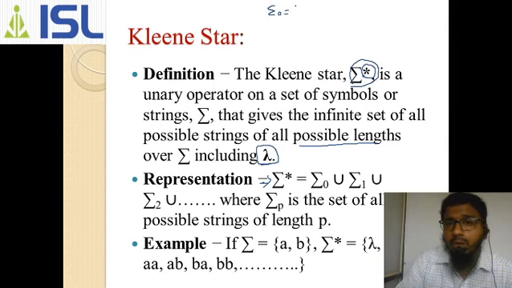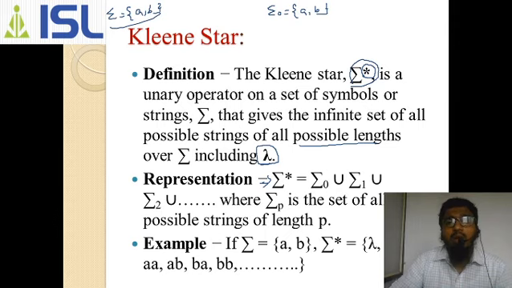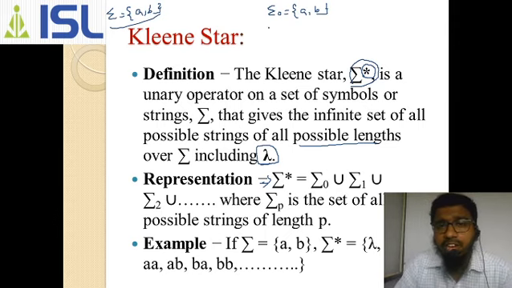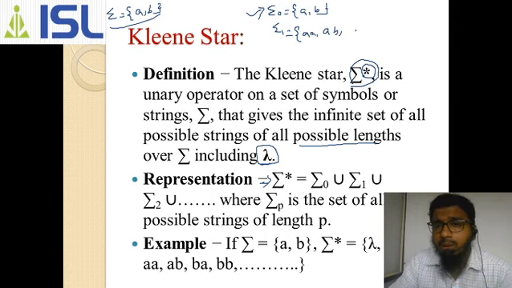Sigma 0: given the symbols a, b, with this we can make one string, the empty string. Next, sigma 1: can we make aa, ab, ba and bb?